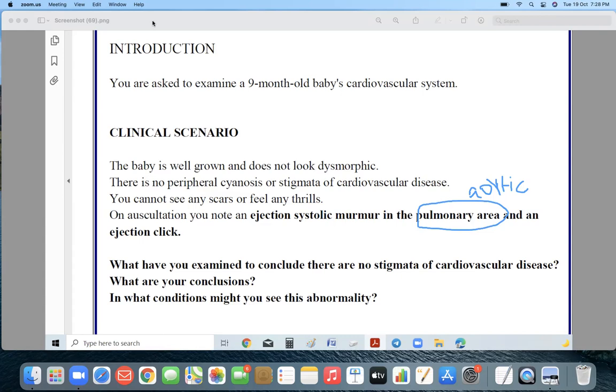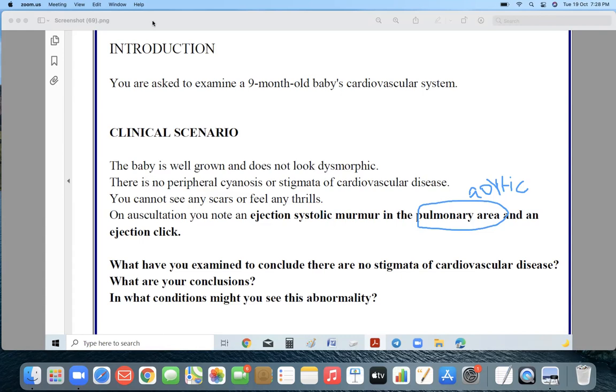We can do the chest X-ray, where the left ventricle will be prominent. The final diagnosis should be by echocardiography.